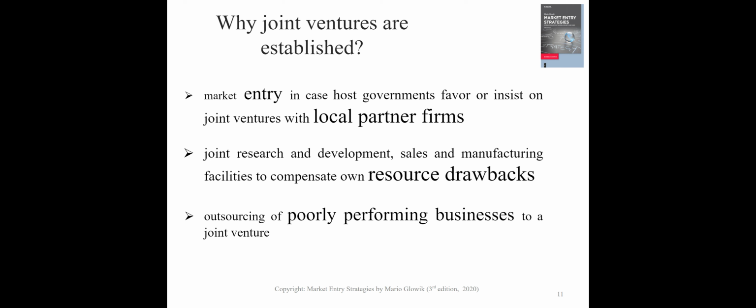For example, there's a large firm, a multinational firm, for example, and the management realizes that there's one business unit which performs below expectations, and then the management may have to decide whether to shut down or whether to outsource that business unit to a joint venture partner, to a legally independent joint venture, hoping that both partners then perform better than in case they stay alone.